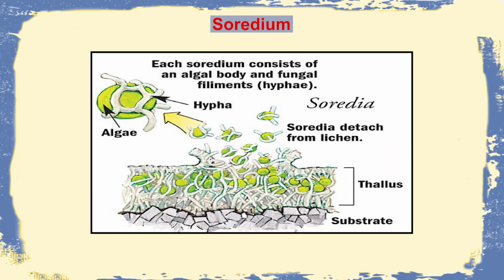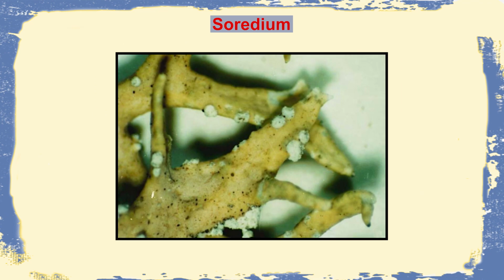Now let us consider the different modes of reproduction. We start with the vegetative or asexual reproduction here. The reproduction is carried out with the help of units of algal cells surrounded by hyphae, and this structure is called soredium. The soredium is unique because it gets separated from the parent thallus and grows as an independent plant body.